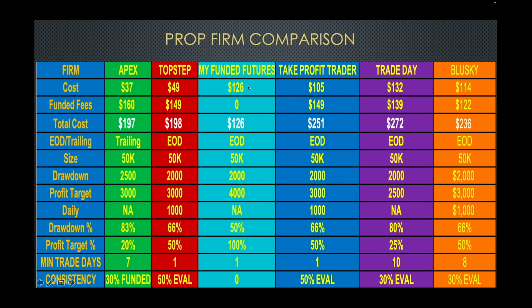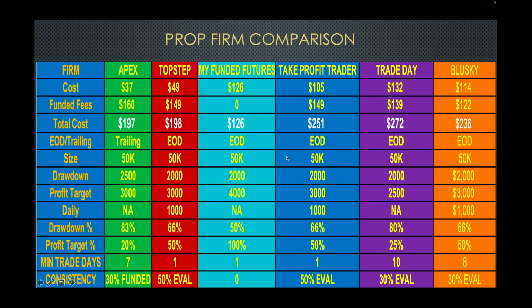My Funded Futures is the cheapest altogether, but it's probably the hardest to pass. It gives you an extra $1,000 in the 50K account or more in the higher accounts. So it's going to be harder to pass than My Funded Futures, but it's going to be the cheapest all around.